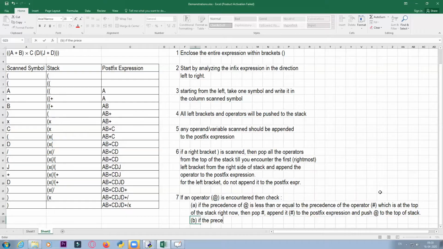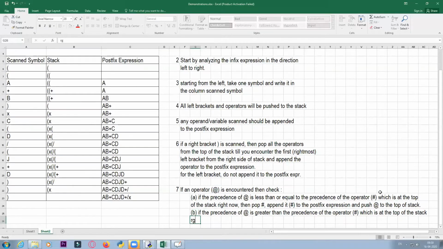If the precedence of at the rate is greater than the precedence of the operator hash, which is at the top of the stack right now, then simply push at the rate to the top of stack.